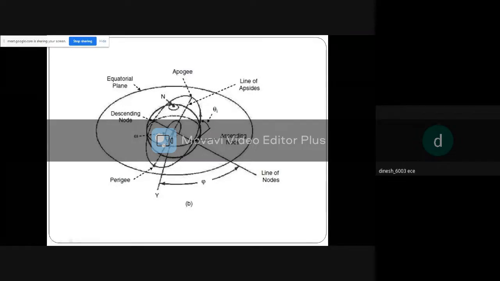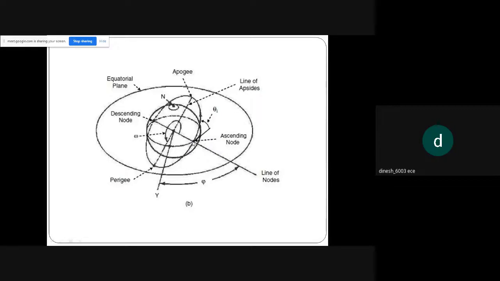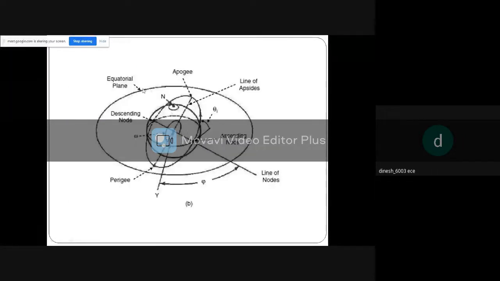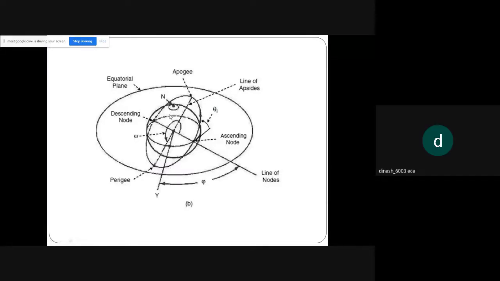And the ascending node is where, from the south, the orbit crosses the equatorial plane going from south to north. So this is the equatorial plane, and when it crosses, that is the ascending node. Descending node is the orbit moving from north to south.